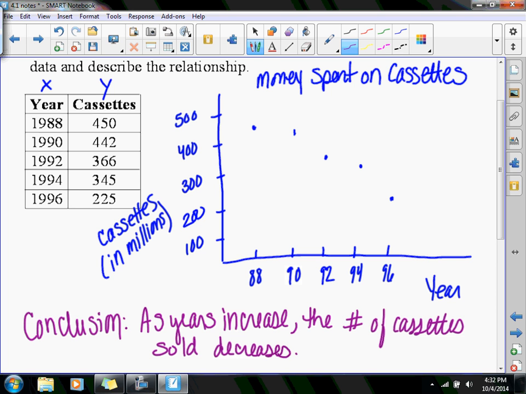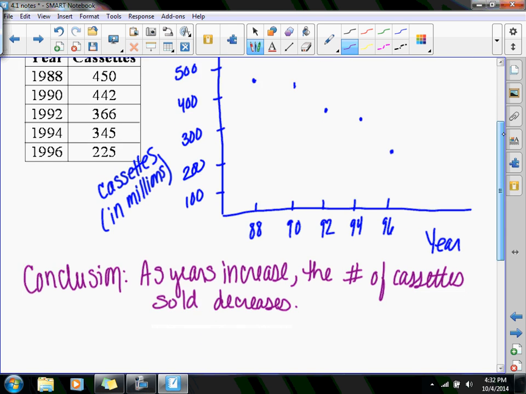So that's the type of extension that they will have you do in your homework as well. They will have you graph the ordered pairs, and then they will ask you questions about them, or have you make a certain conclusion about them.